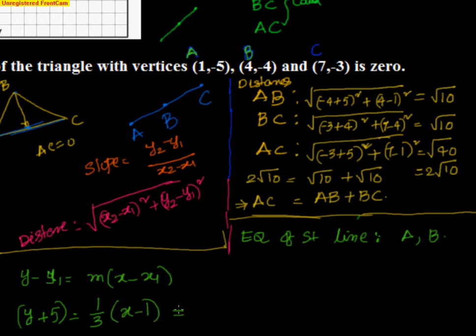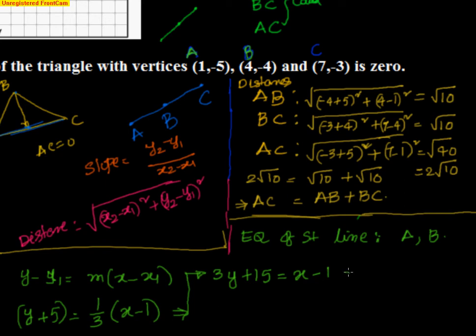If you simplify this, this becomes 3y plus 15 is equal to x minus 1.